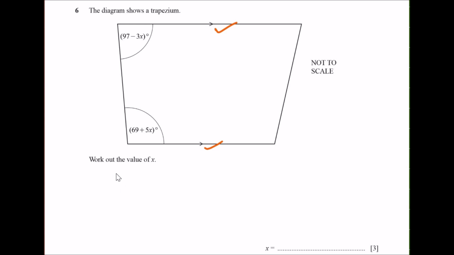So what does it mean? 97 minus 3x plus 69 plus 5x is equal to 180 degrees. So we get 2x plus 166 is equal to 180.